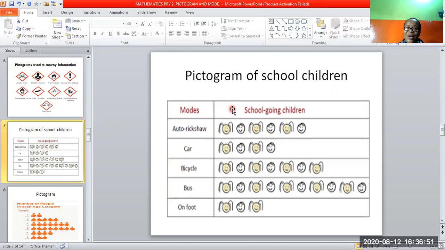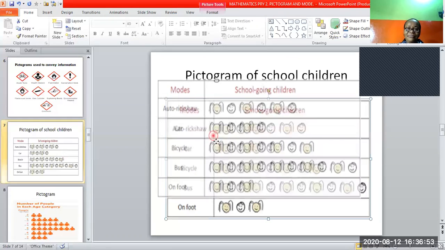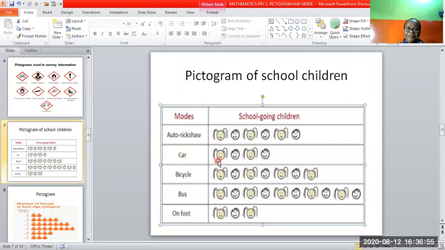Let's move on to the pictogram of school children. In this pictogram, we will see school-going children and their mode of transportation. At a glance, you can see that more of the children come to school by bus.